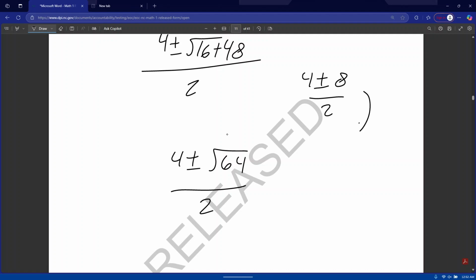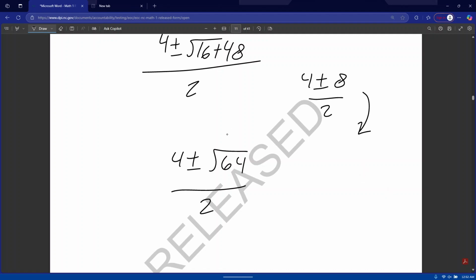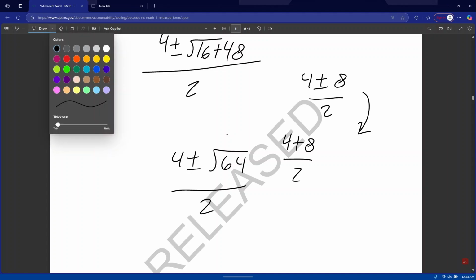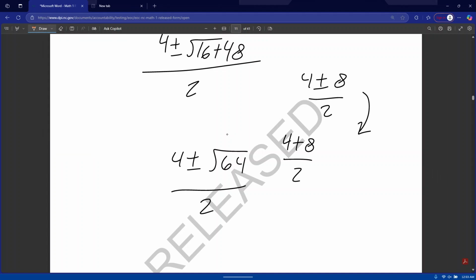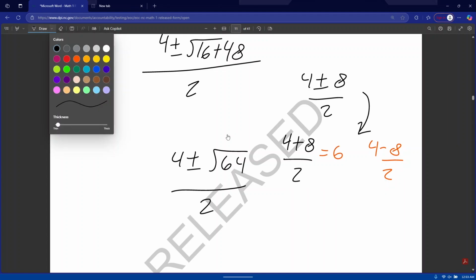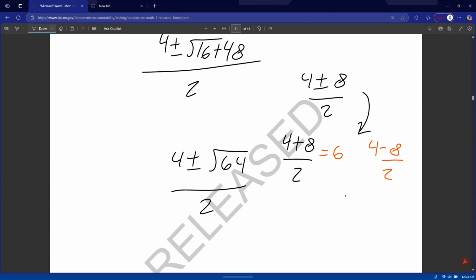Now from this, you can separate into two different equations. 4 plus 8 divided by 2. And let me choose another color. 4 minus 8 divided by 2. So this is 12 divided by 2 equals 6. This other one, on the other hand, equals negative 4 divided by 2 equals negative 2.